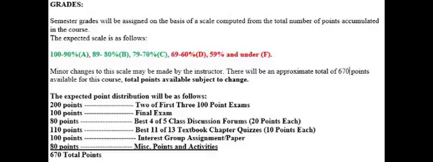Basically, we'll have 3 exams, each exam worth 100 points. I will drop your lowest exam. So you'll have 200 points come from regular exams, and then we'll have a 100-point final exam.